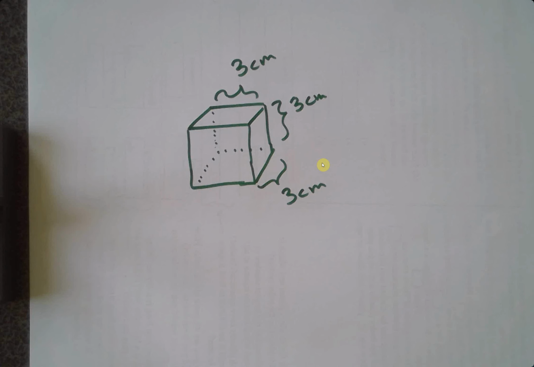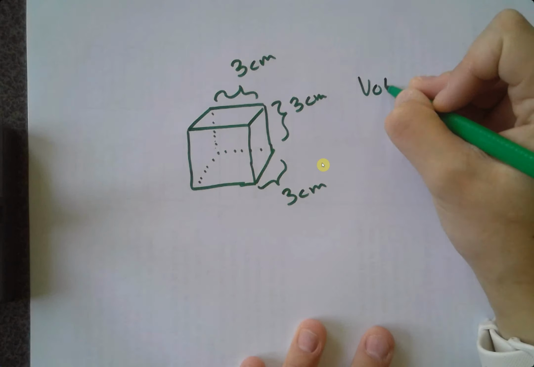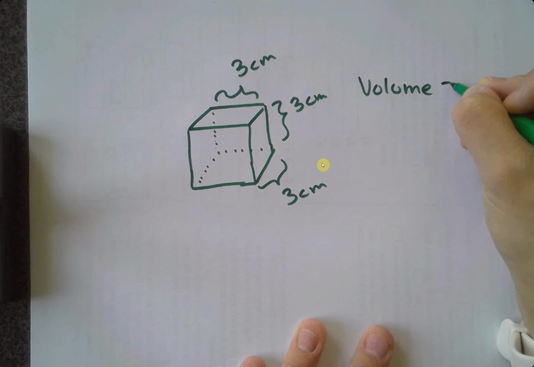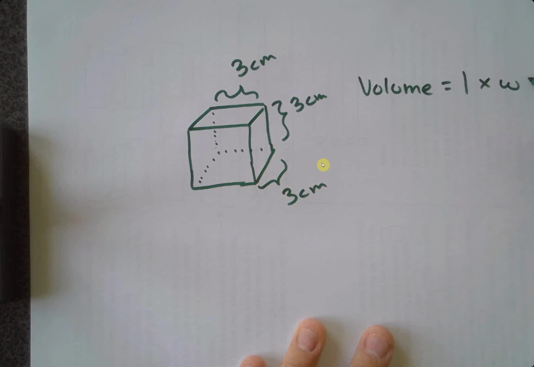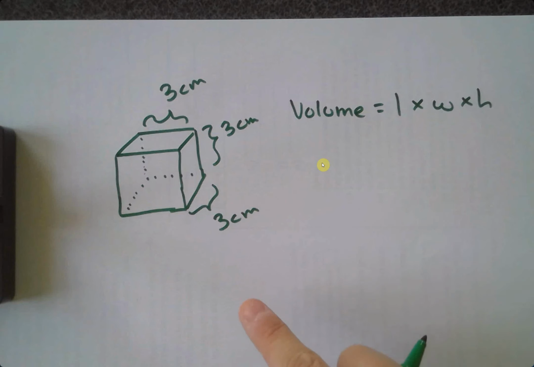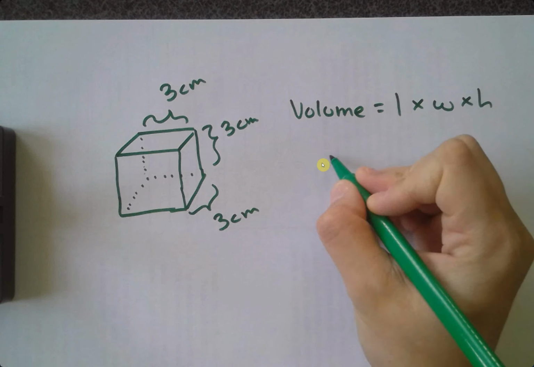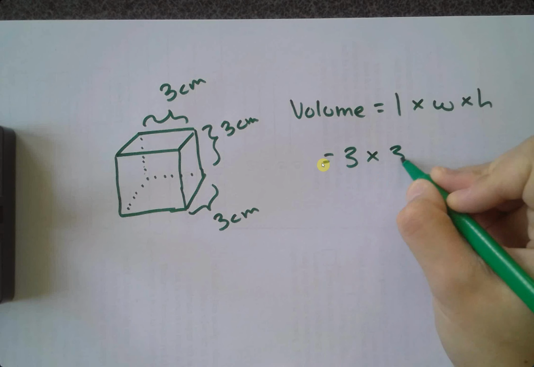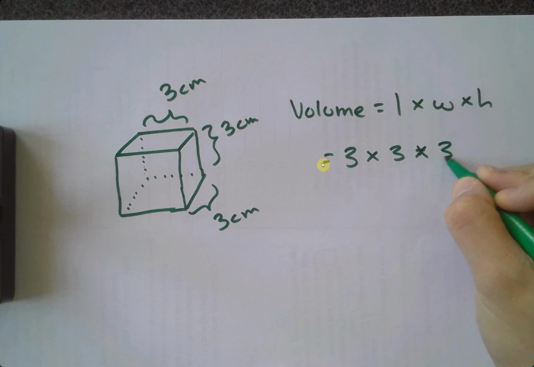Thank you. So if I want to calculate volume, volume is equal to the length times the width times the height. Now in this case, it's really nice and easy because everything is 3. So I would be doing 3 times 3 times 3.